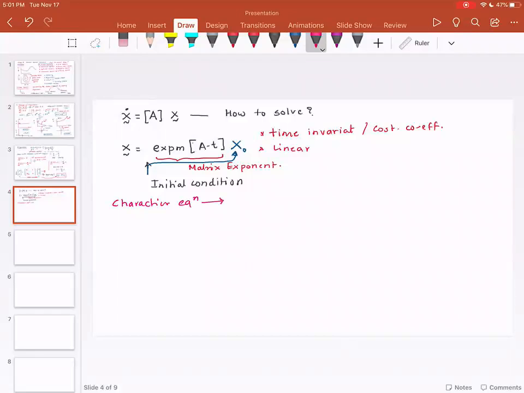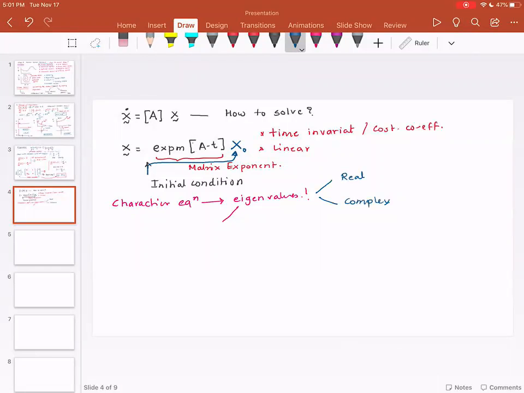When you studied linear algebra, you found the characteristic equation, and from the characteristic equation you can find the eigenvalues. First and foremost, eigenvalues could be real or they could be complex.